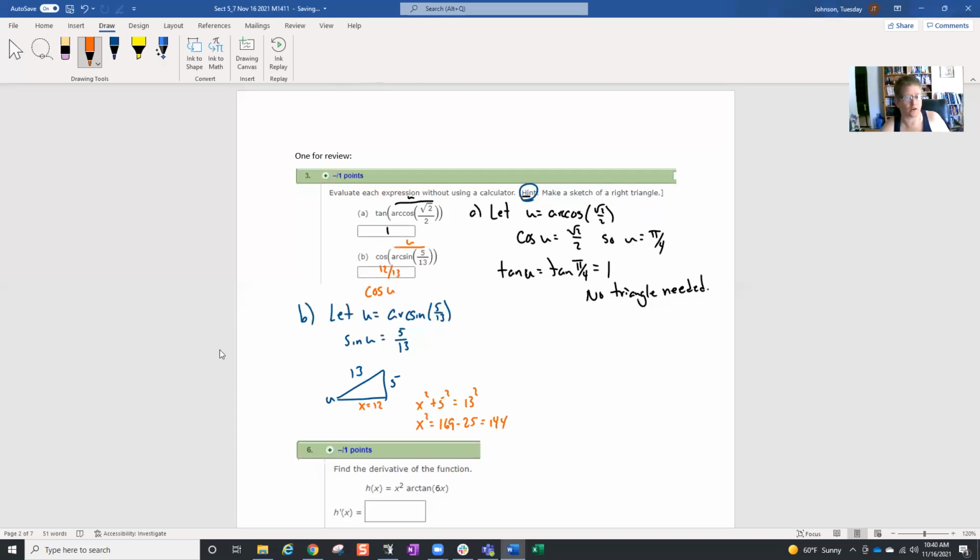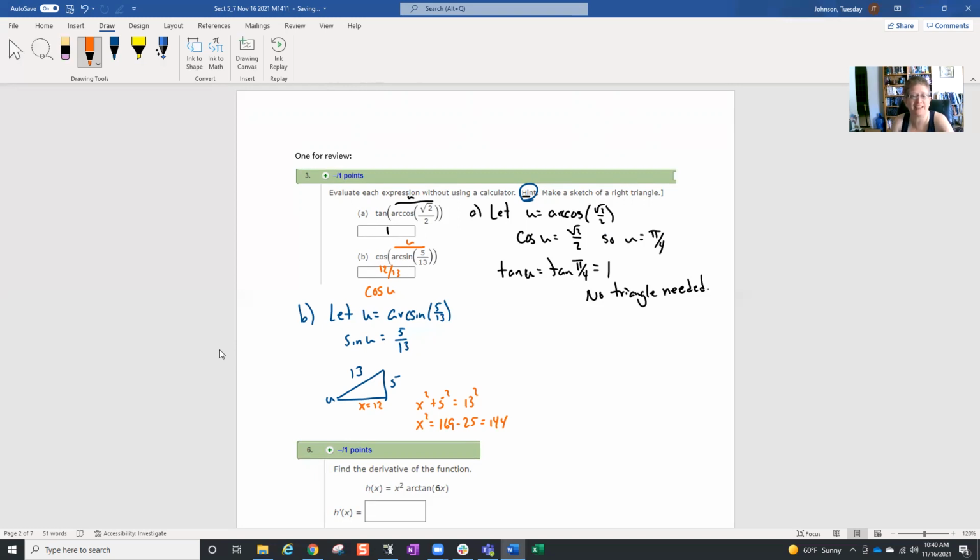So it depends on what the inside looks like. If it's a nice square root of 3 over 2 or a 1/2 or a 1 or a 0 or a square root of 2 over 2, a nice little unit circle number, you could do it like we did part A. But if it's not a nice unit circle type number, then we sketch a triangle to help us.